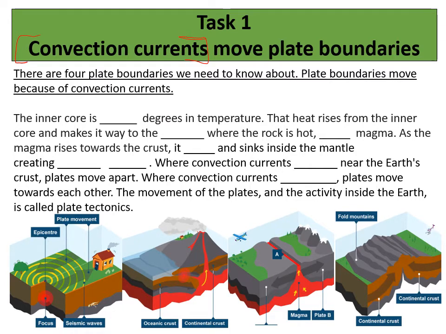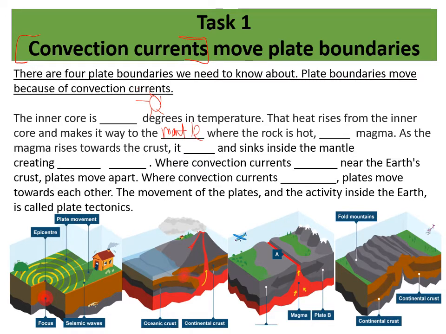So the first thing that you need to do is go through this paragraph and fill in the gaps. So the inner core is, well, how many degrees is it? Remember we said it was as hot as the sun. The heat rises from the inner core and makes its way to the mantle. So that's where we have this hot viscous magma, which is what it says there.